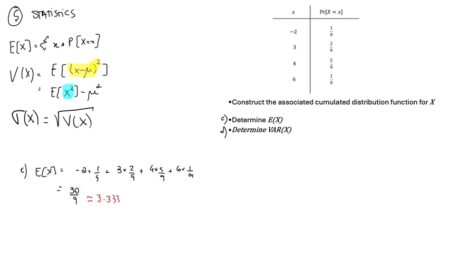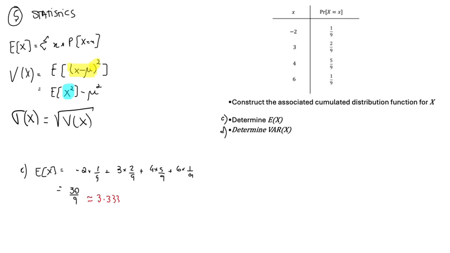The expected value of that random variable x will be the values that x can assume: minus 2 times the probability of being minus 2, which is 1/9. Do this for all rows and sum them up. So plus, the second row is 3 times 2/9, plus 4 times 5/9, plus 6 times 1/9.